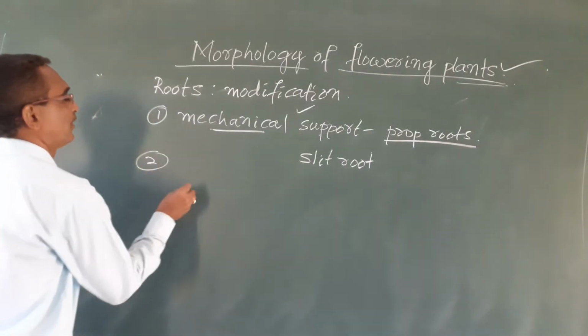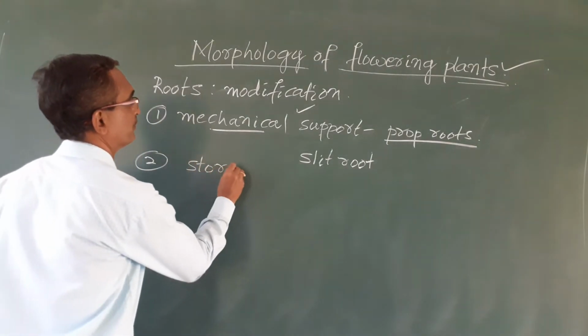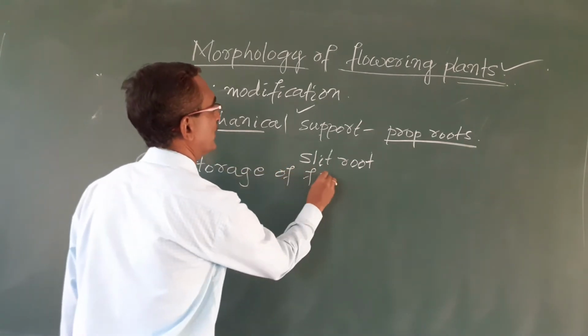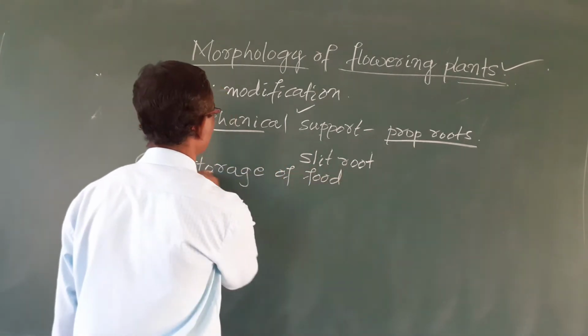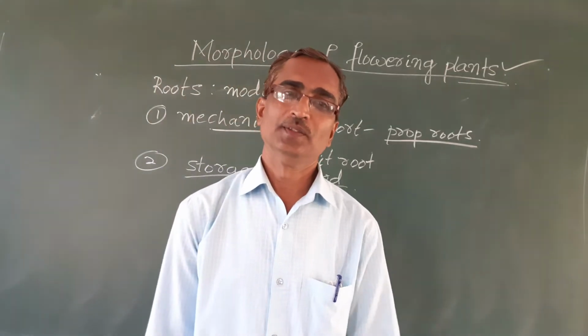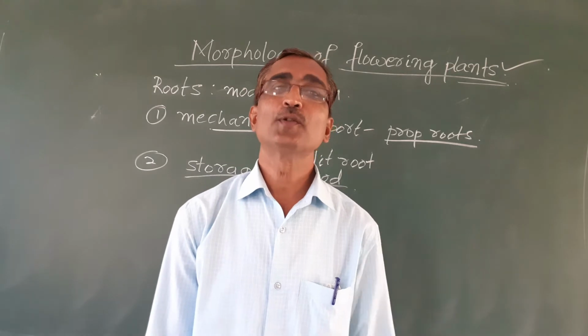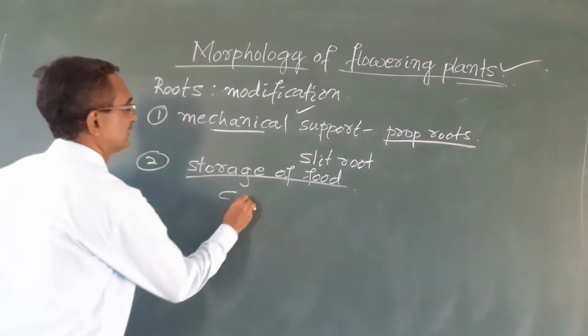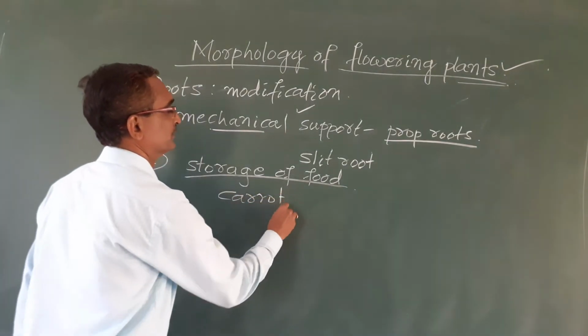And another modification is storage of food. Here the roots are modified to store the food. Examples for this are carrot and turnip.